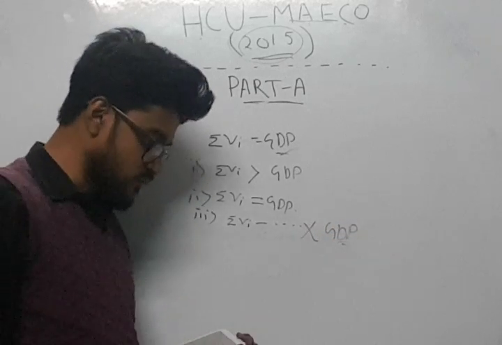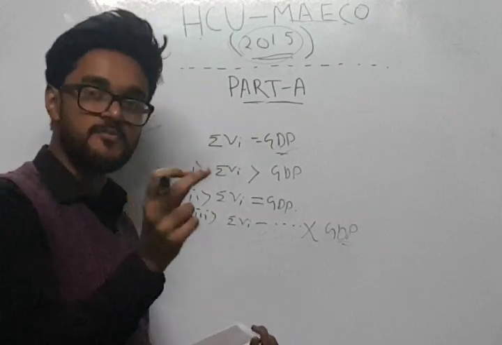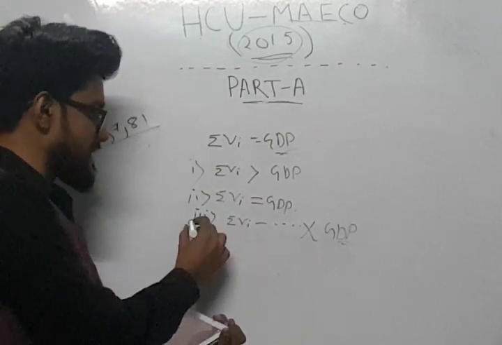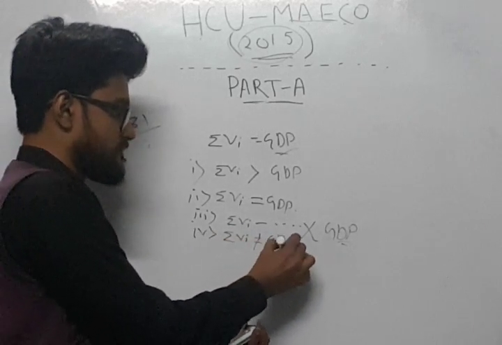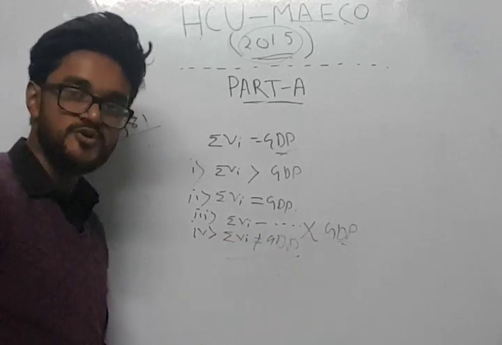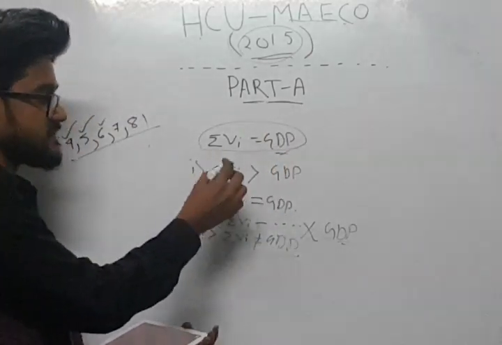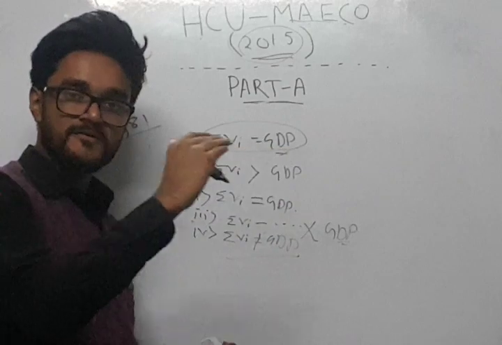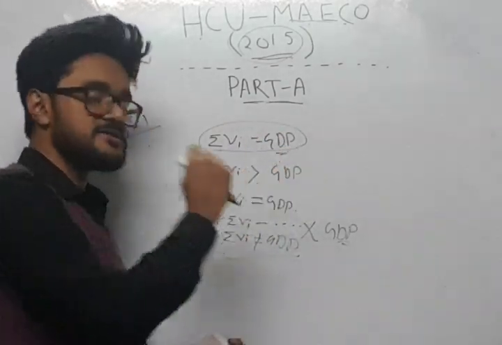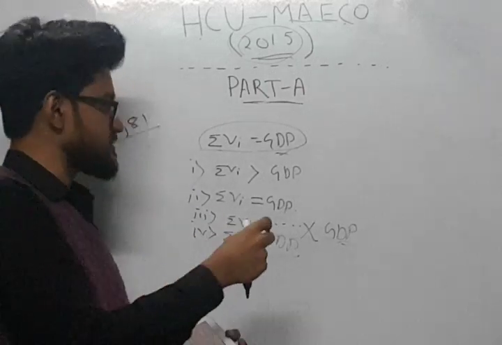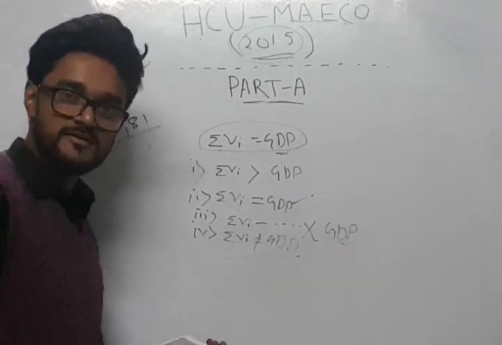And the fourth is that they have no relationship with the value of final product. So now which one is right? As I have already talked about in the beginning of this sum, when we sum the value added in different stages, we get nothing but GDP, which is the final output. So option 2 seems to be the right one here.